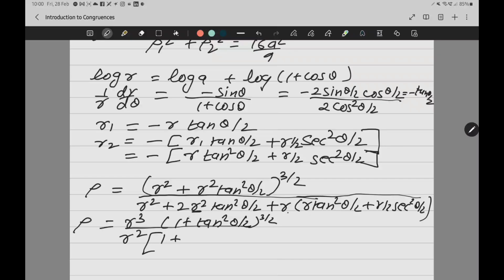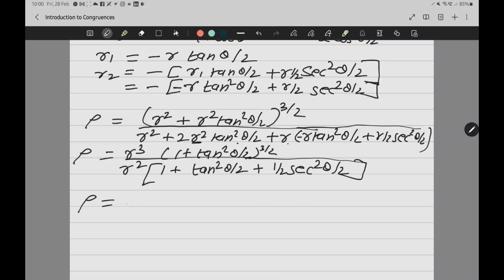So it is 2. Now here, see, I did some mistake, I think. Yeah, here minus sign I forgot. Right? Because it is minus, right? This is also minus. Now see, 2 tan square theta minus tan square theta is tan square theta. So tan square theta by 2, right? And plus 1 by 2 secant square theta by 2.